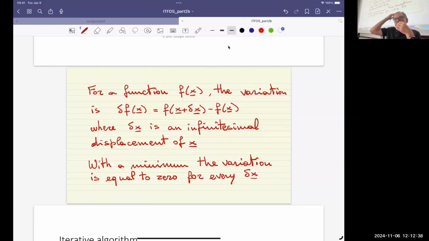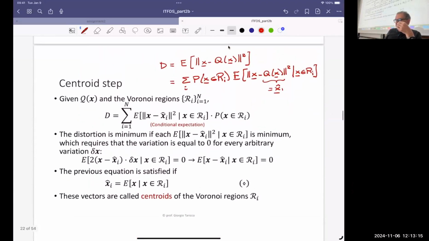This is important because in the common one-dimensional setup, delta x is just a number. In this case, it is a vector of infinitesimal numbers. And for this reason, we have to consider the arbitrariness of the direction of this infinitesimal vector. And that is what we are doing here.